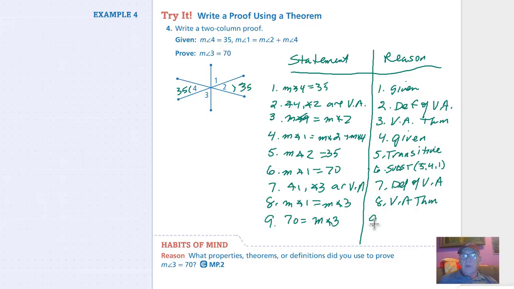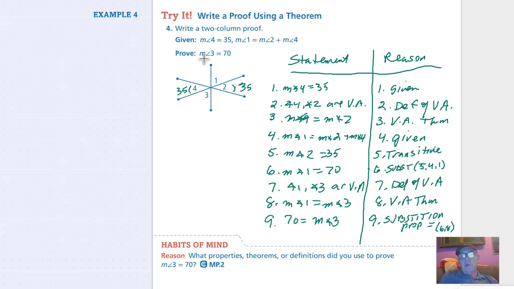And that is substitution property of equality. And what steps did I use for that? I used 6 and 8. So I've got 70 is equal to the measure of angle 3.